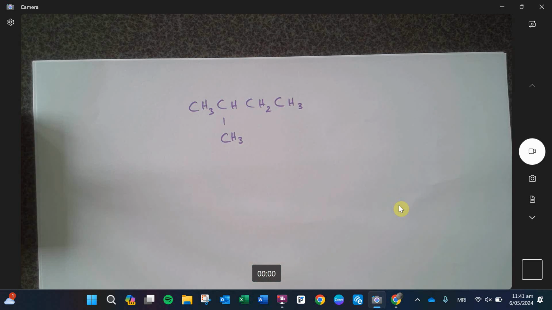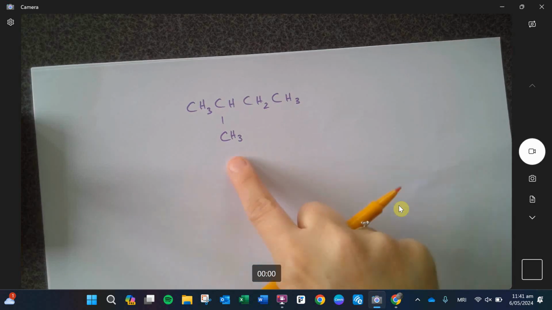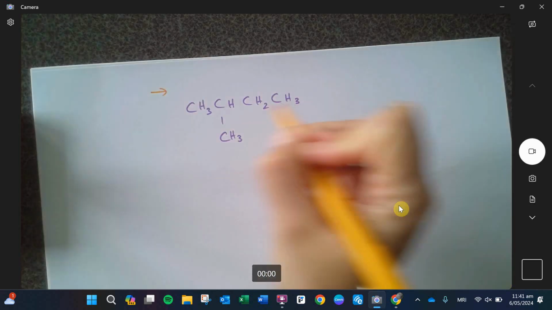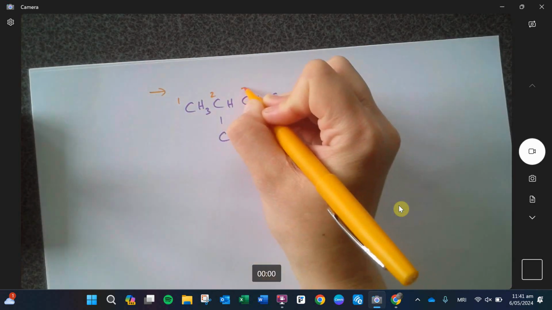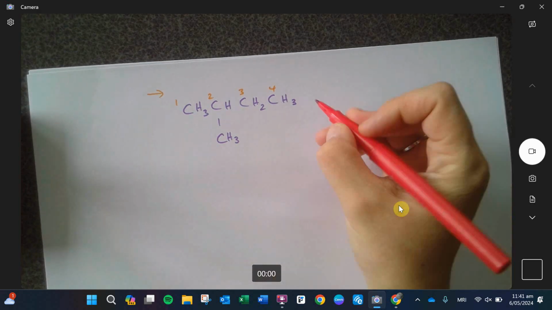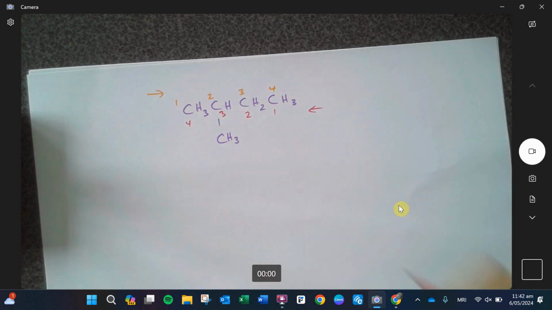Okay. So let's then see our naming options. I personally, if I have it like this, I'll just use that as the parent and look at those as branches, but you can do it the other way. So if I was to do it like that, 1, 2, 3, 4, or this could be carbon number 1, still would work. If I go this way, I have 1, 2, 3, 4.